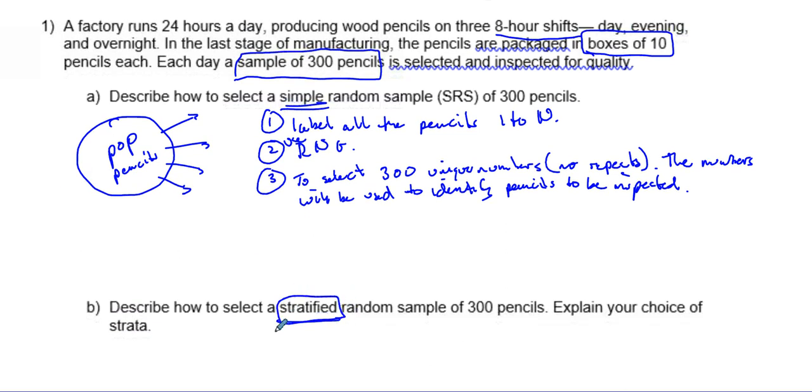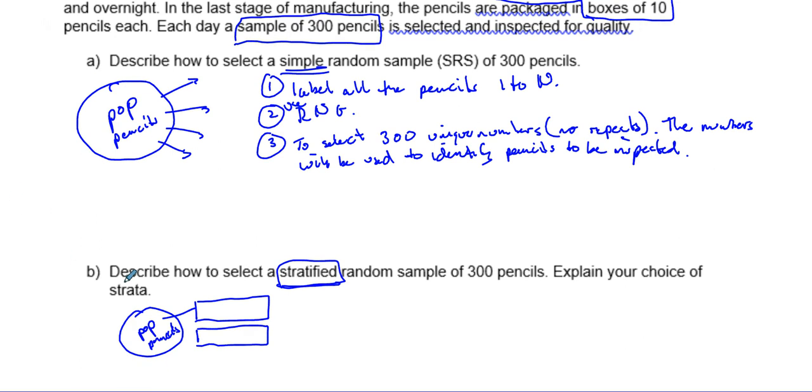Now, when you talk about a strata sample, you have your population. In this case, we have pencils. And there's something with these pencils in this population that makes them a little weird. So what we would do is take this population and divide it up into different strata, because we think there is something unique about this population that may make our values a little skewed.